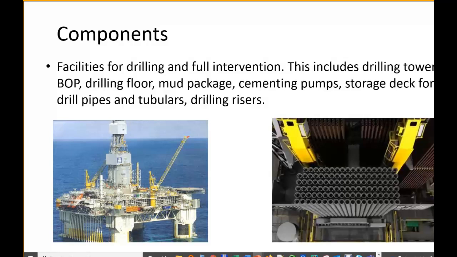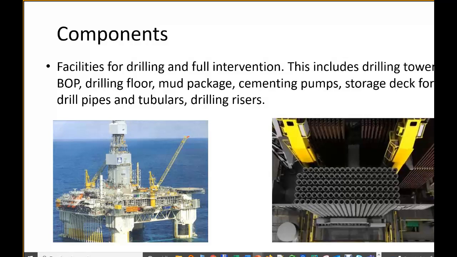Okay. So some components you have in offshore structures are, so you can have, I'm going to say here, you can have or you cannot have. Okay. You can have facilities for drilling and well intervention.